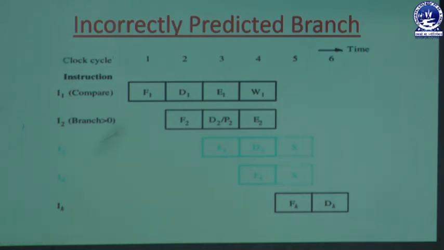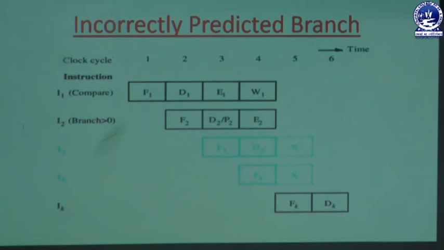is available at the end of clock cycle 3. Assuming it is forwarded immediately to the instruction fetch unit, the branch prediction is evaluated in clock cycle 4, because after execution of the branch instruction, whether the branch condition is true or false will be calculated.